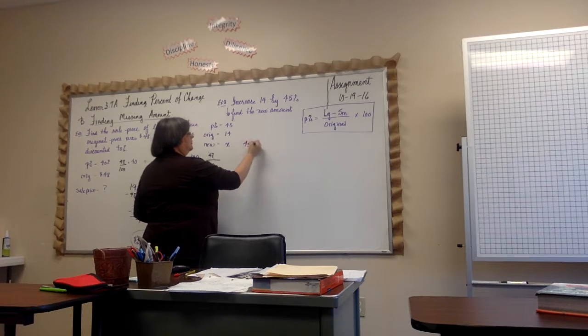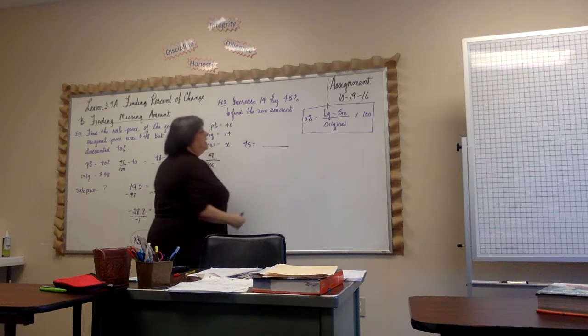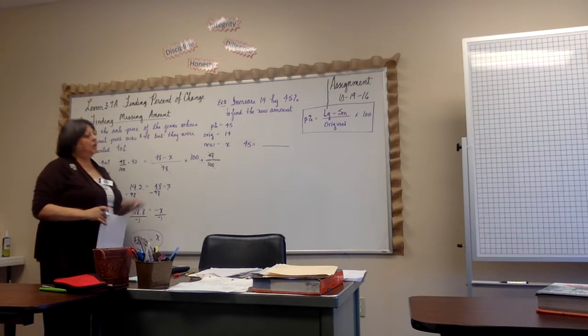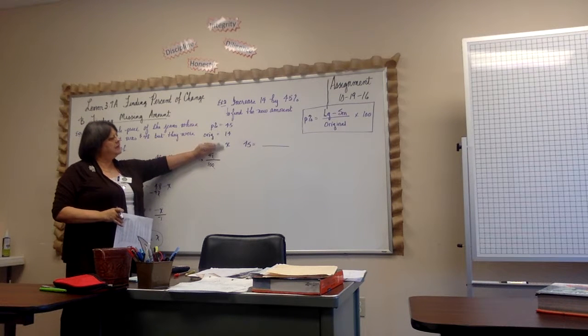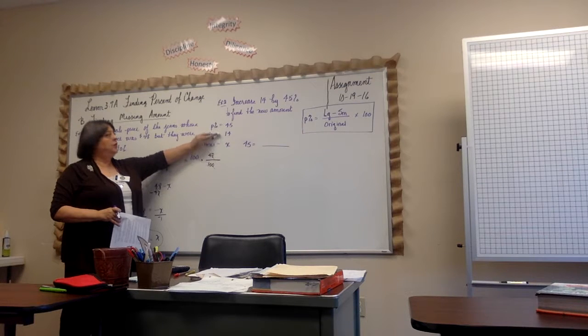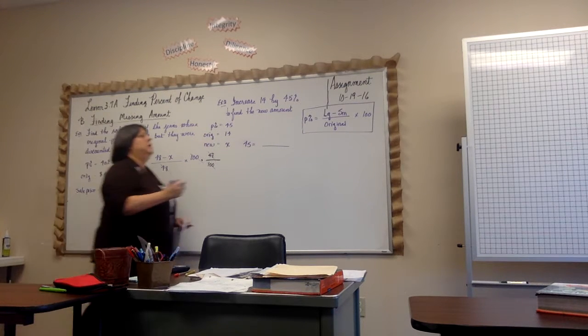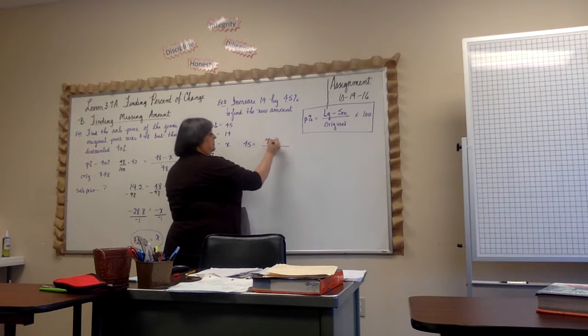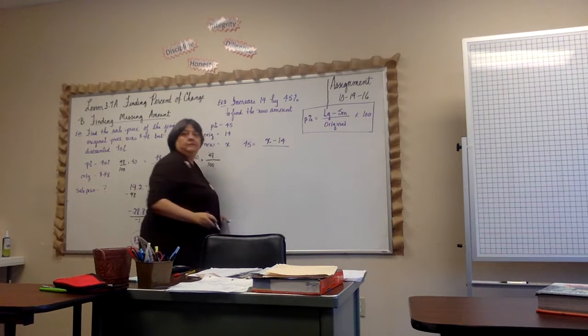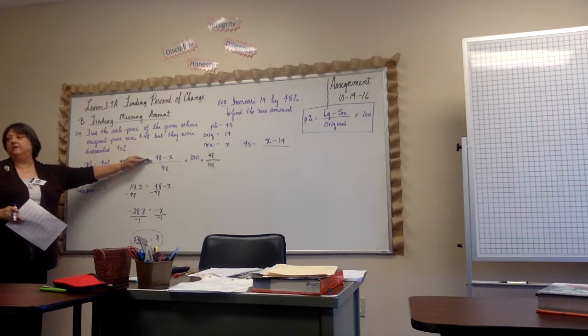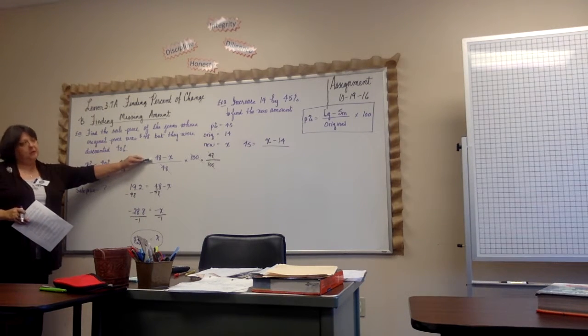45 equals, now here it's the large minus the small. If this is an increase, which one is the larger? The one I don't know or the one I do know? The one you don't know. So you do it like this. Now look here, this one was the other way around because this was a decrease problem.